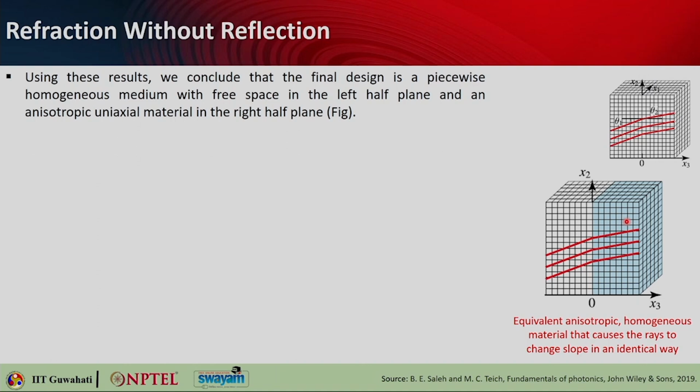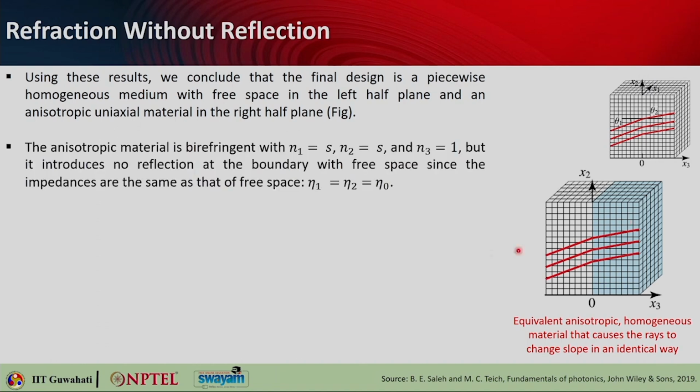If you see, two axes are the same and the third one is different, so you say it is a uniaxial material, okay. And this anisotropic material, as I mentioned, is birefringent because along two directions it has the same refractive index, but along the third direction it has a different refractive index, okay.